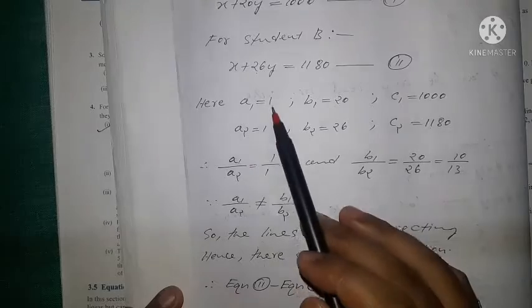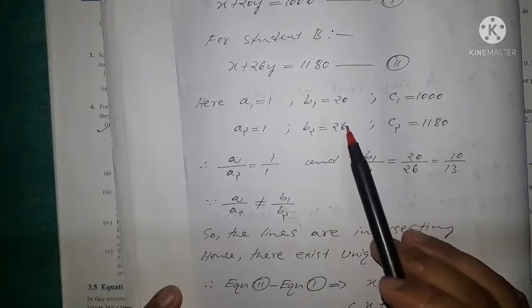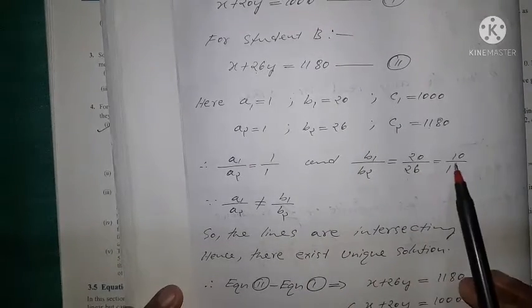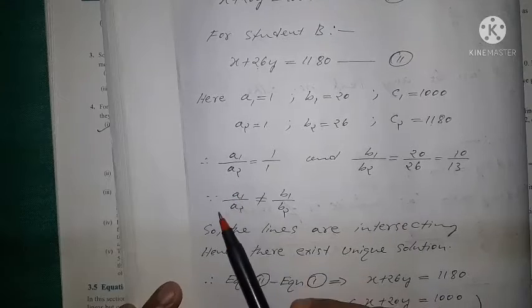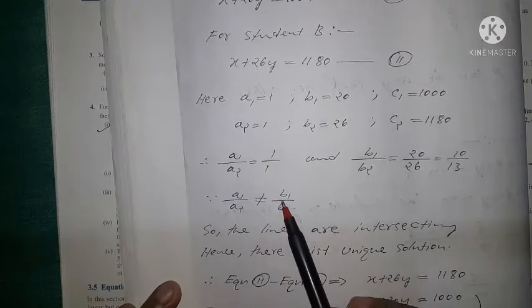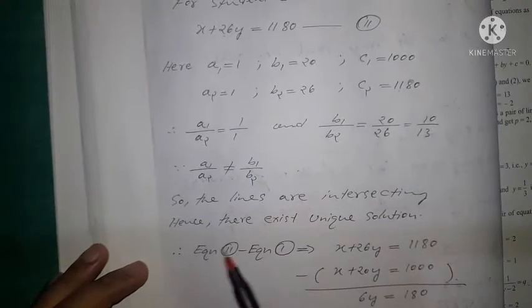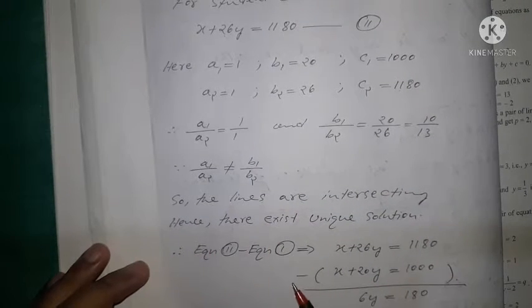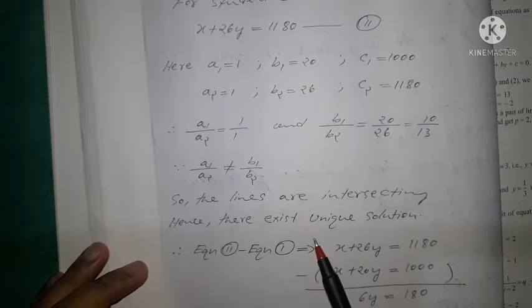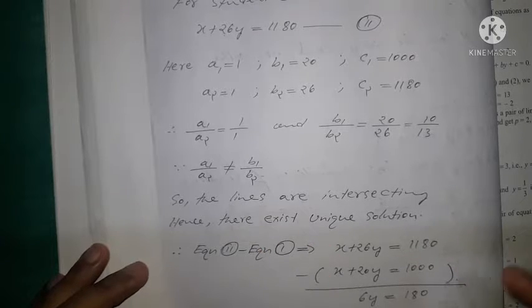Therefore A1 by A2 is 1 by 1, and B1 by B2 is 20 by 26, which is 10 by 13. Since A1 by A2 is not equal to B1 by B2, as the values are different, the lines are intersecting, hence there exists a unique solution.